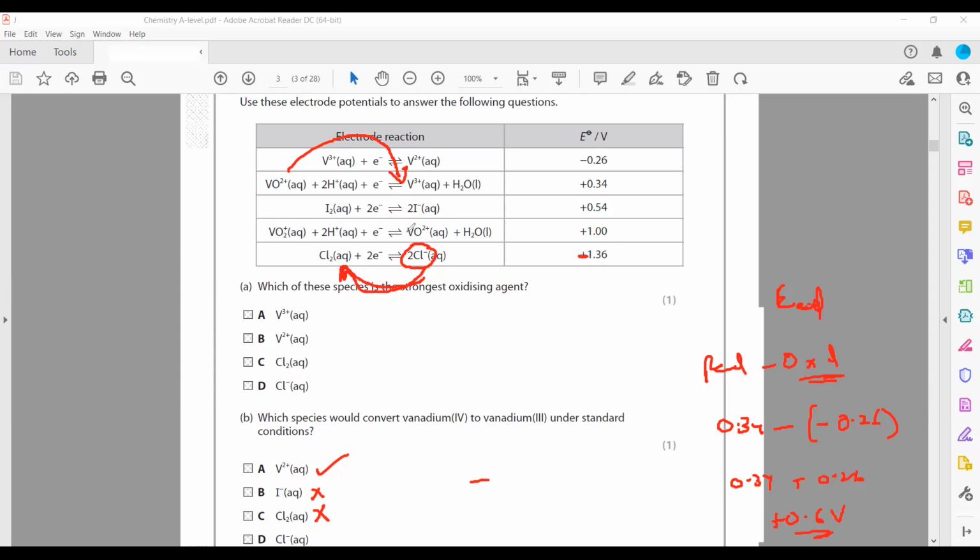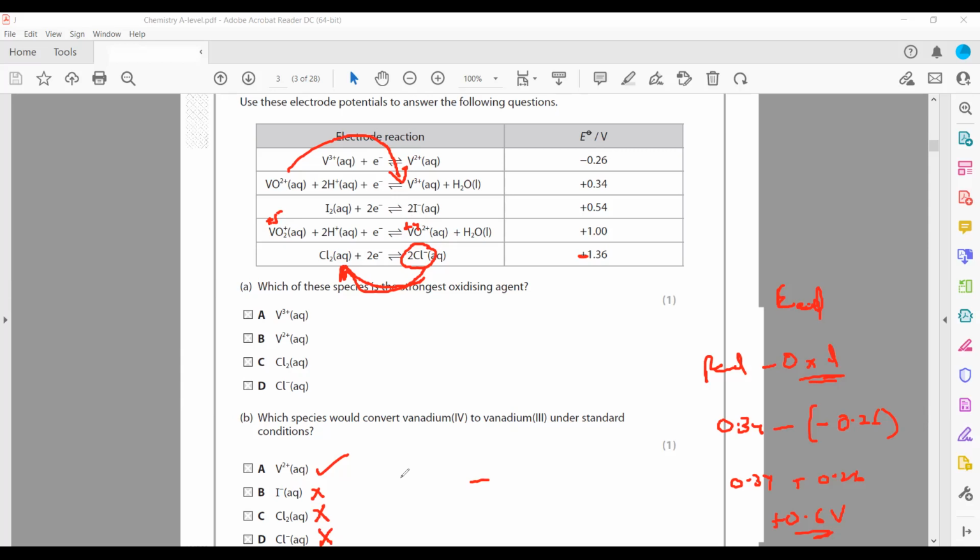You can see in this question vanadium plus 5, and here vanadium plus 4 is also there. If chloride ion is losing an electron, the vanadium plus 5 can still gain an electron. So the reverse, the second possibility, is also there. That's why chloride is not correct as well.